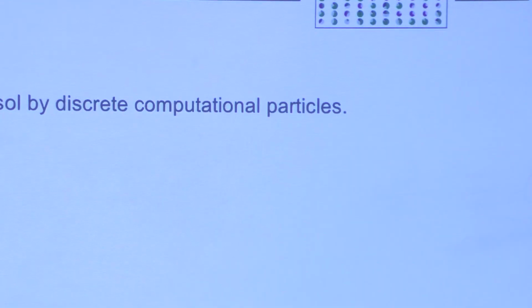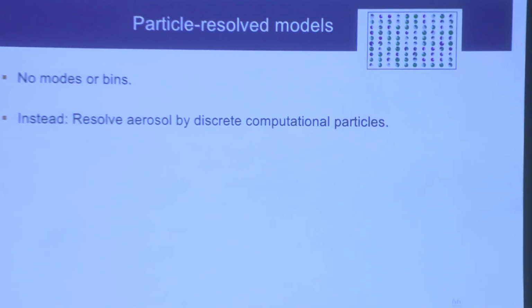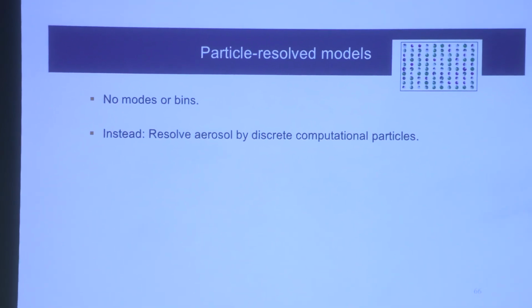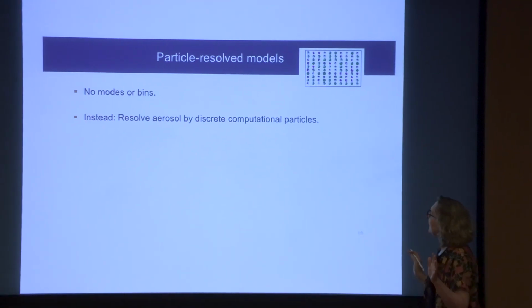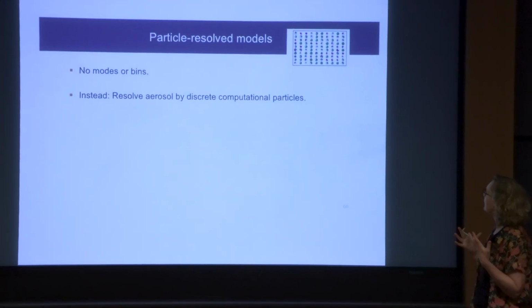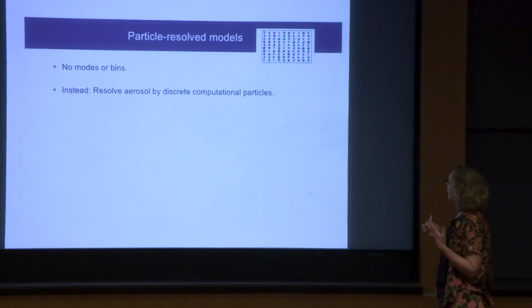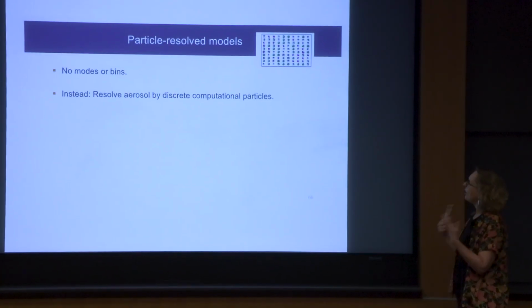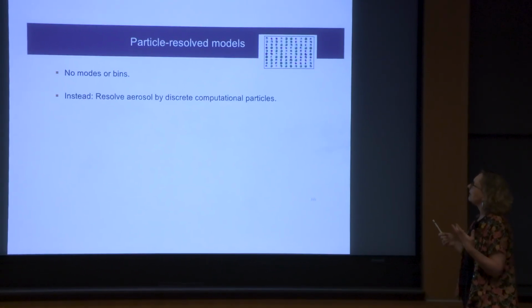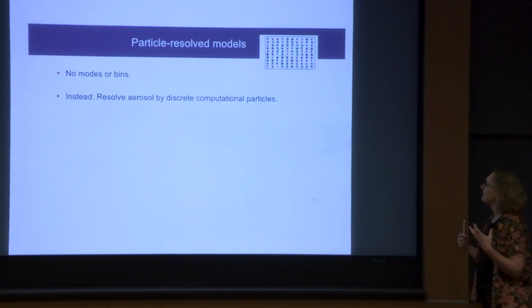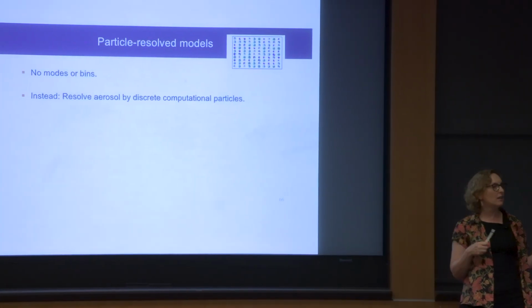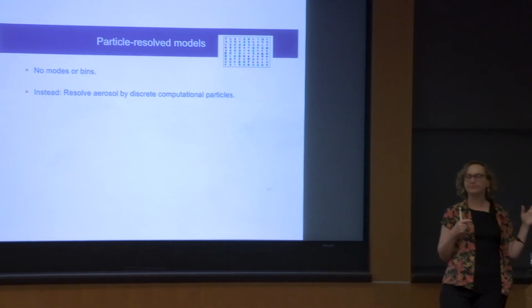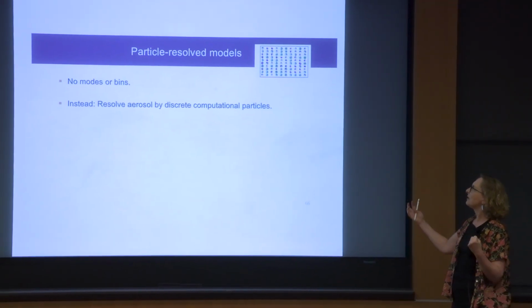And lastly, our particle resolved models, where we don't have any modes or bins, so we set the particles free, right? And so that gives us much more flexibility. And a lot of processes that we want to then replicate or represent become stochastic sampling exercises, right? For example, coagulation becomes a sampling exercise.